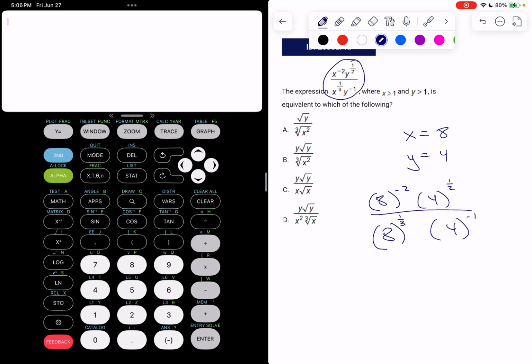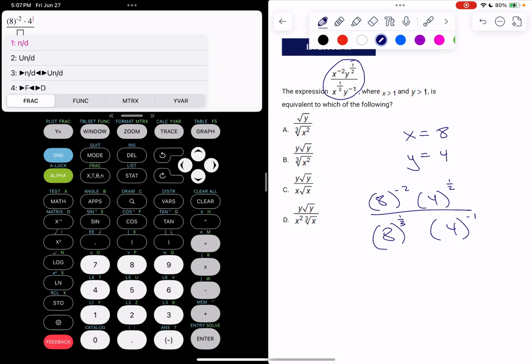So I'm going to punch that into my calculator. I'm going to go grab my little fraction bar. In the top, I'm going to do 8 raised to, that's that little up caret, negative 2, times 4, little up caret, to the, I'm going to grab myself another fraction there, 1/2.